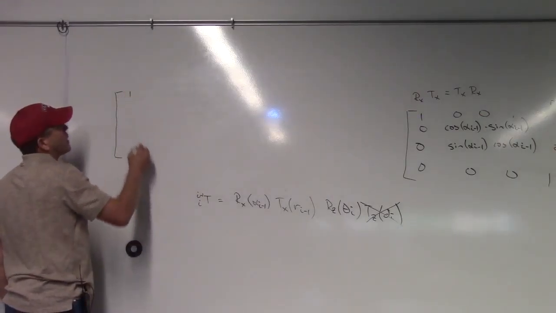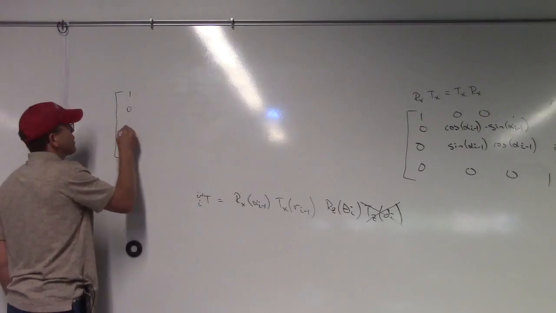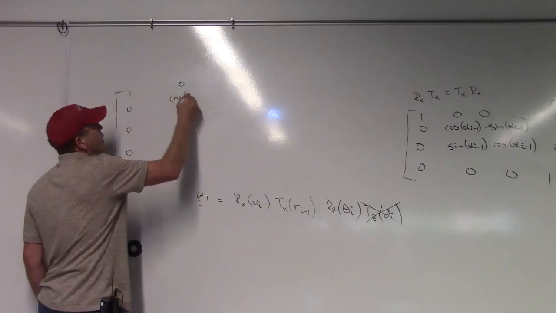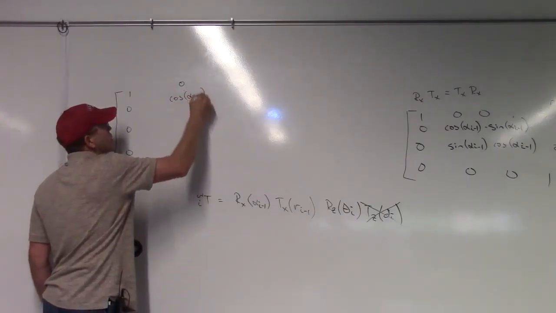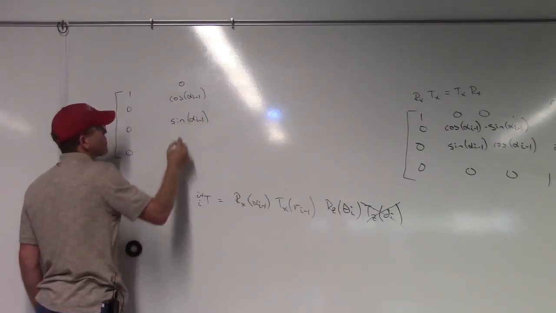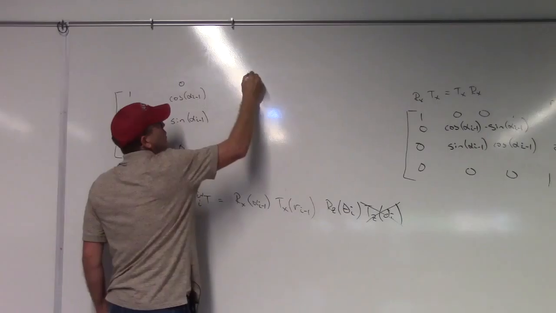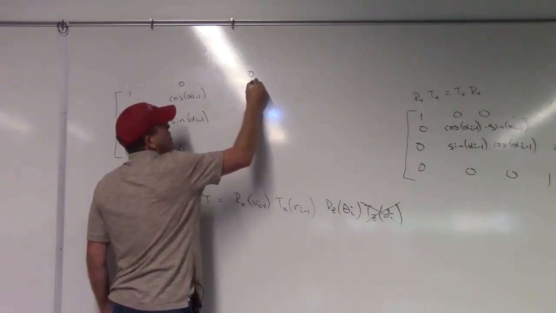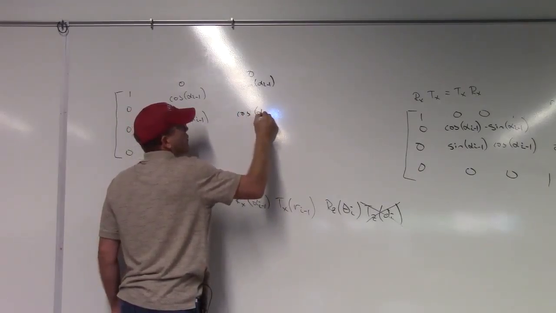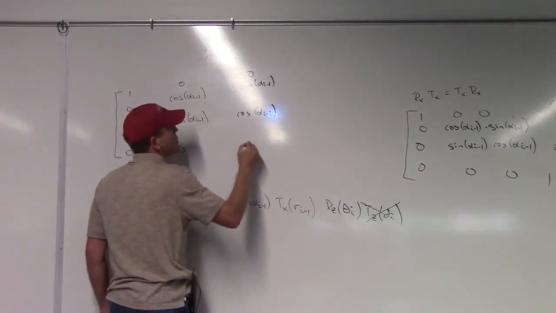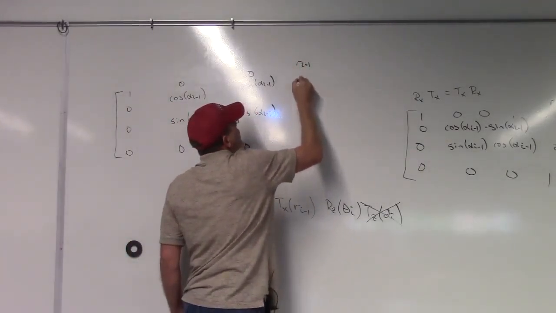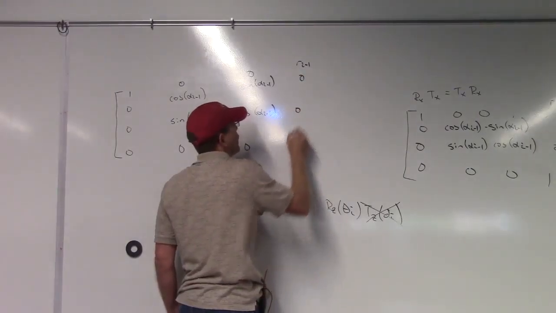Okay, so we have 1, 0, 0, 0, 0, cosine of alpha i minus 1, sine of alpha i minus 1, 0, 0, negative sine of alpha i minus 1, cosine of alpha i minus 1, 0, and then our r i minus 1, 0, 0, 1.